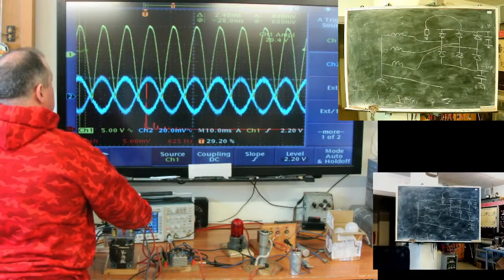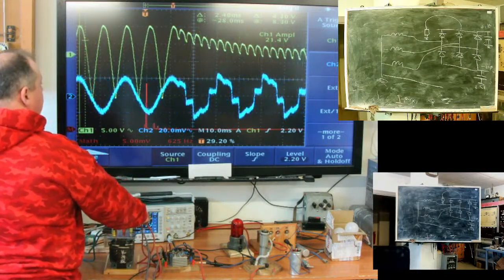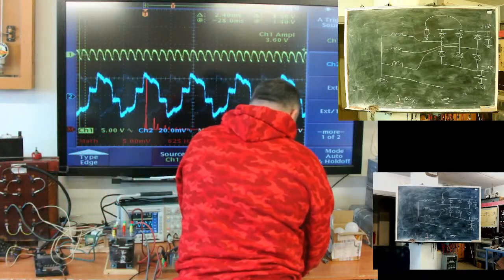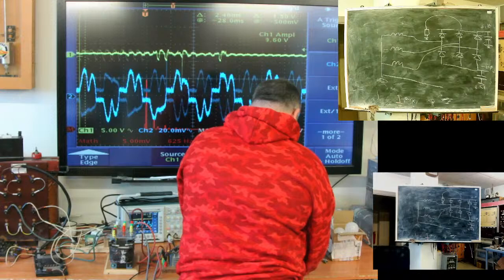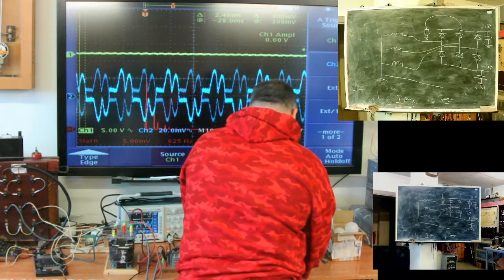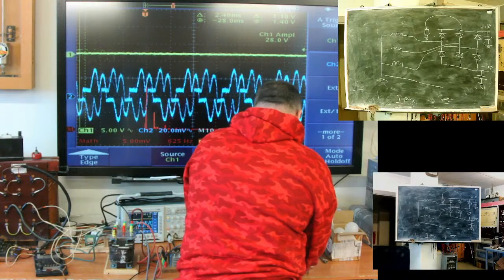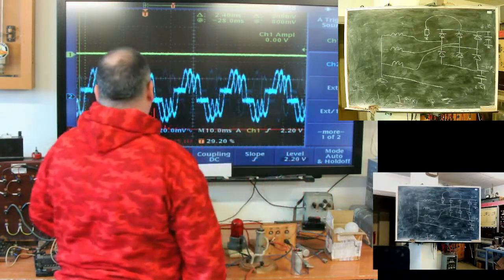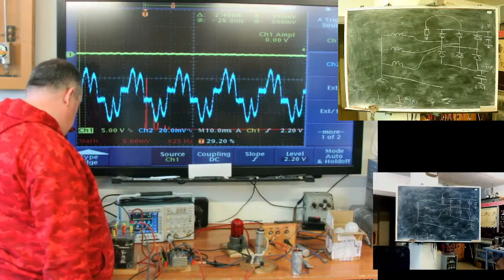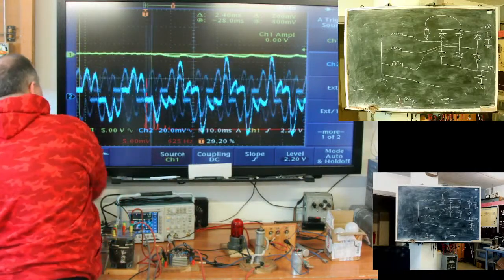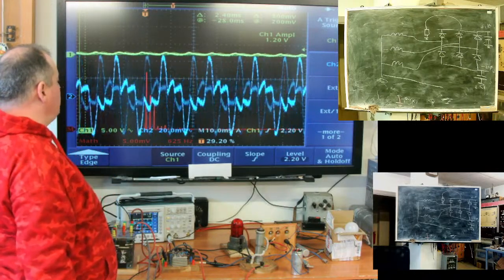C phase disconnected on the secondary side. It was without filter. Now I will put the filter back. With the filter, C phase disconnected on the primary side.